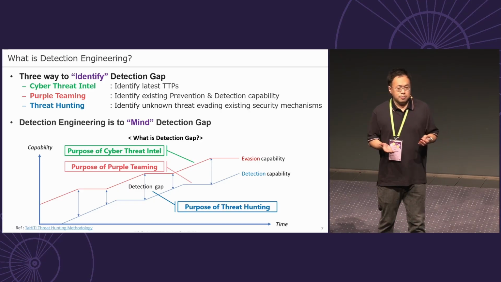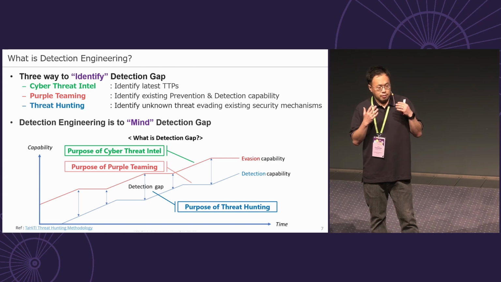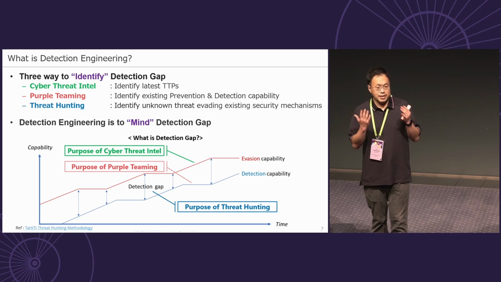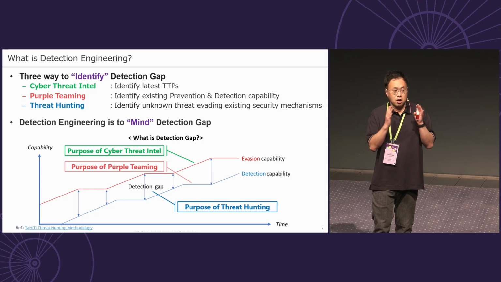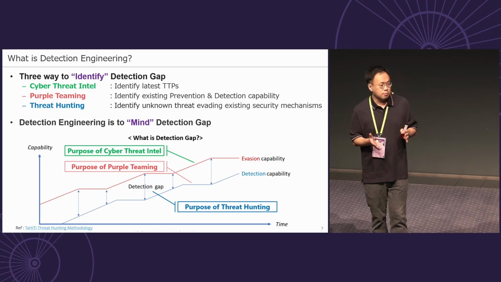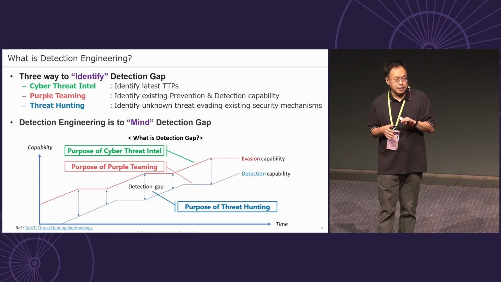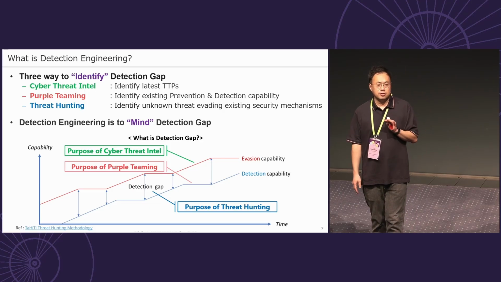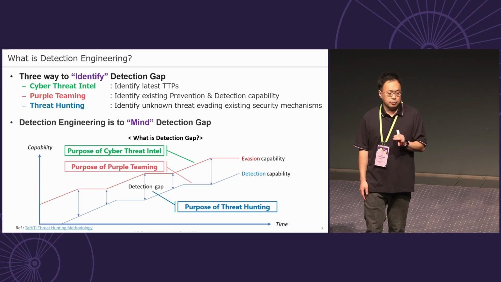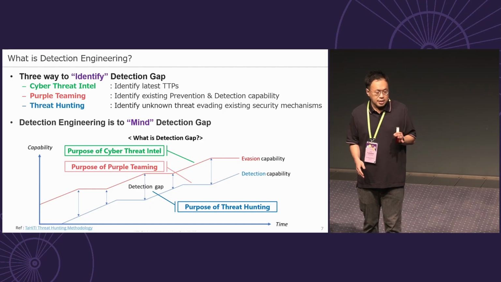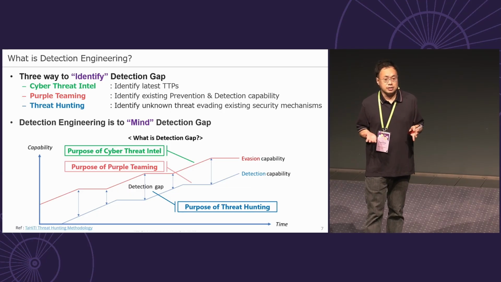But we still have some missing portion, where we try to have a more crystallized view of what the exact detection gap is. We need a concrete example. That is why we do threat hunting. Threat hunting, as you know, identifies unknown threats evading the existing security mechanisms.